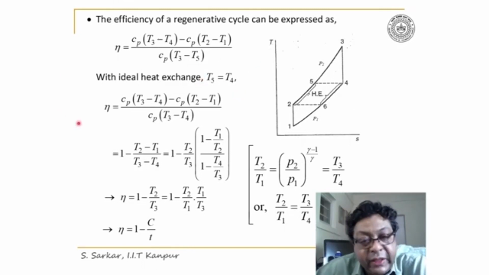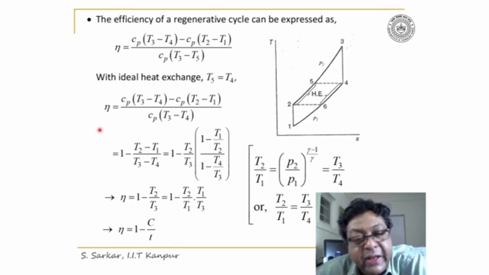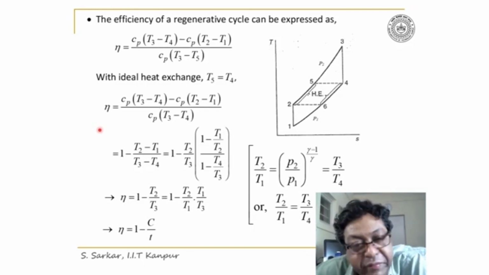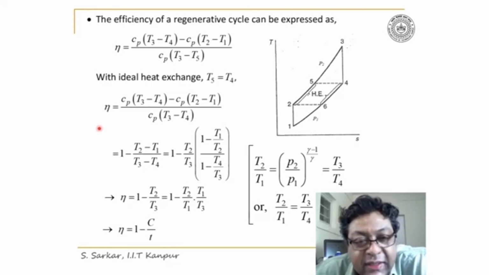Hence, the efficiency of the cycle can be expressed as eta is equal to Cp into (T3 minus T4) minus Cp into (T2 minus T1). The numerator remains the same. However, the denominator would be Cp into (T3 minus T4). Thus, considering Cp is constant, eta is expressed as 1 minus (T2 minus T1) divided by (T3 minus T4).